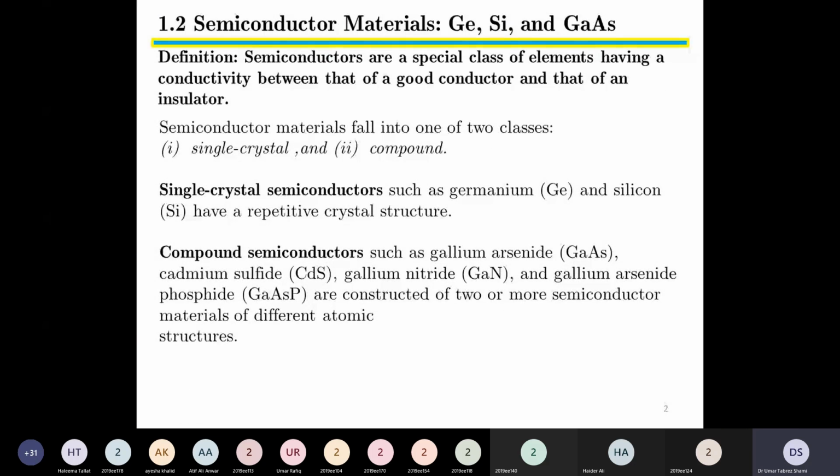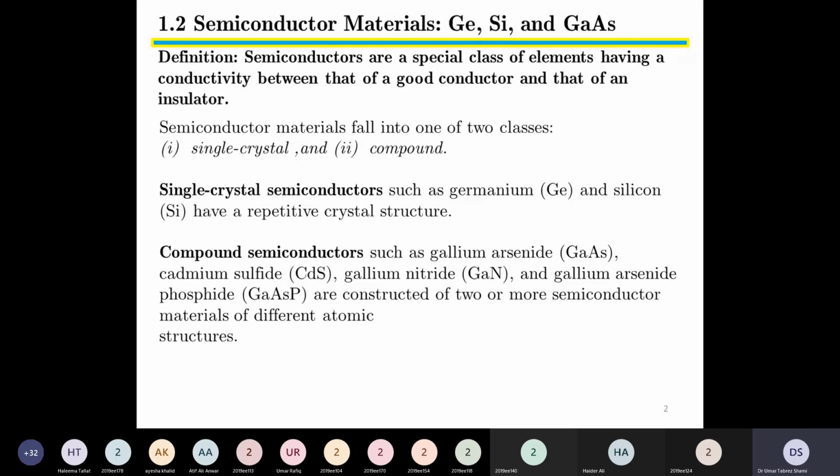Right. So let us start with the definition of semiconductors. Semiconductors are a special class of elements having a conductivity or electronic conductivity between that of a good conductor and that of an insulator. In the definition, we can see the word conductivity.